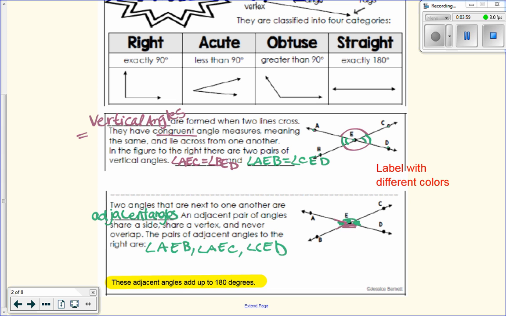It's right next to this angle and this angle. Are we good with adjacent? It's like your shoulder partner. It's an angle next to another angle. And if you notice, these adjacent angles add up to 180 degrees. So this angle and this angle all lie on that line. Do you see that? That's a straight angle, which equals 180 degrees.